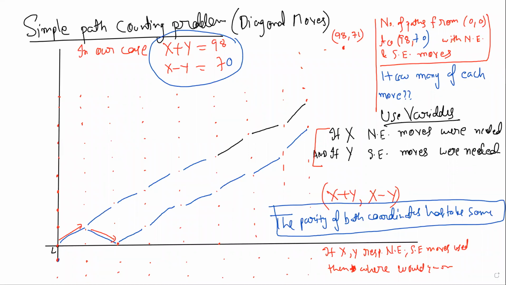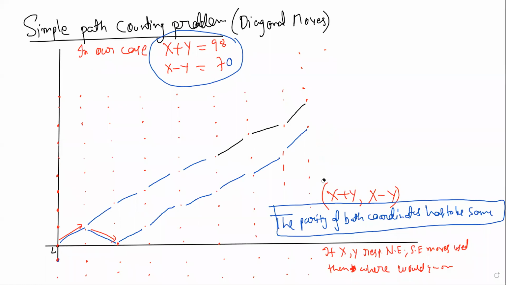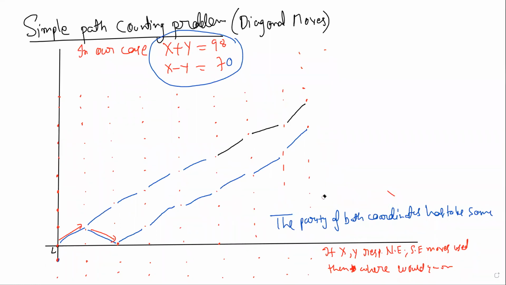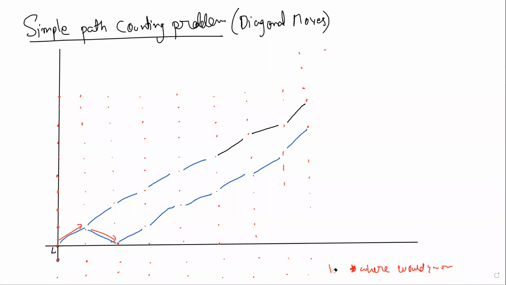I'm asking a new question, maybe, which will not be so new for the people who were already there, but still it's a new question. Let's say that you want to use diagonal moves just like yesterday. So here is the question.